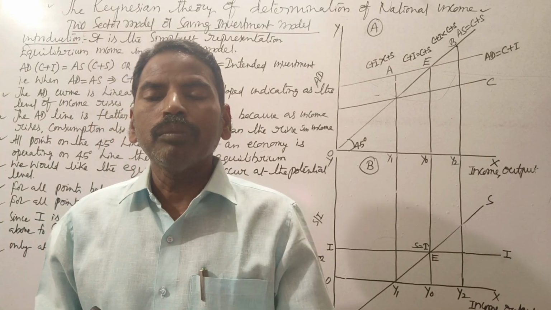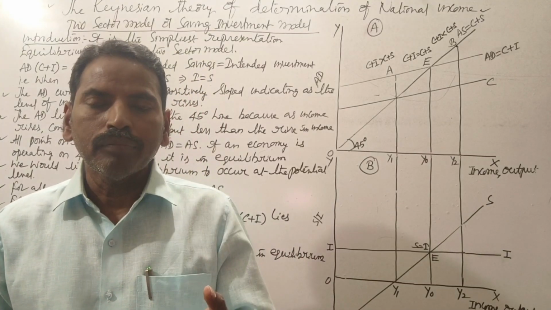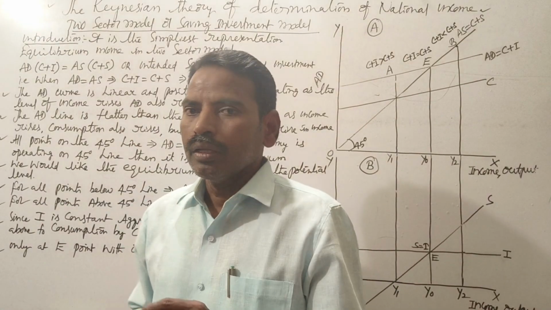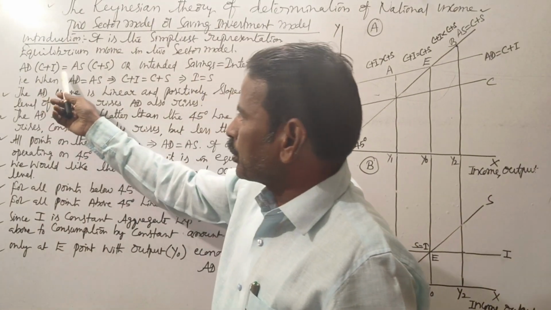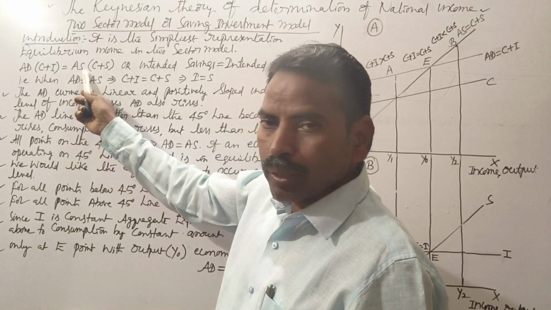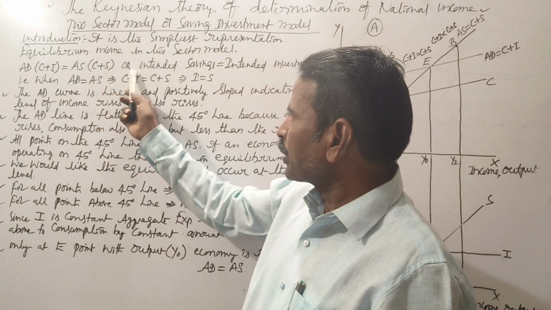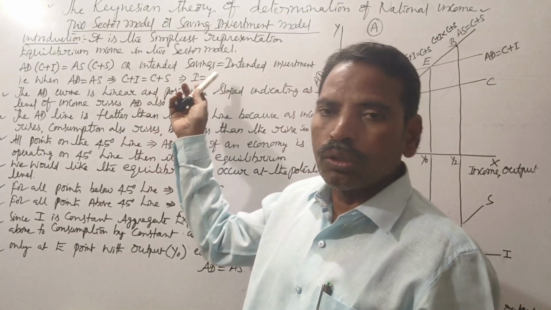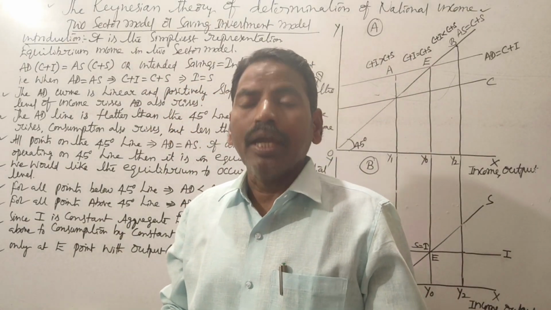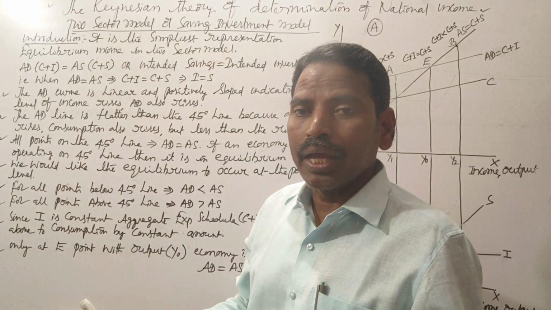So the equilibrium level of national income is determined where aggregate demand is equal to aggregate supply, that means C plus I equals C plus S, or intended savings is equal to intended investment. Intended means anticipated or expected or planned.